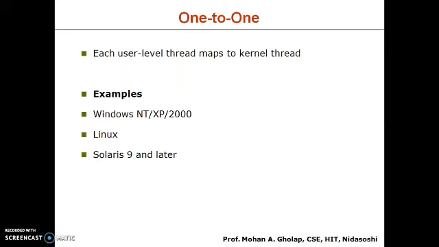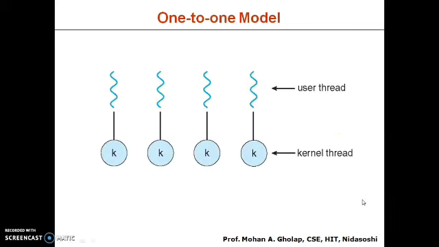But in the one-to-one model it is possible, because every user thread has an associated kernel thread, so every user thread is allowed to execute in parallel. Examples are Windows XP, 2000, Linux, and Solaris 9 and later. It can be shown diagrammatically in this way.